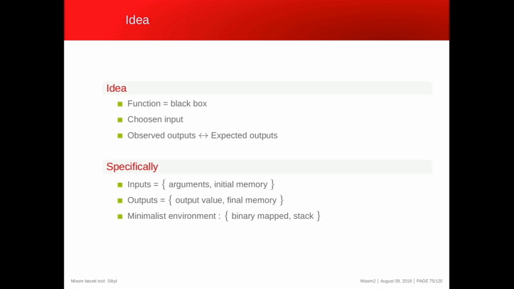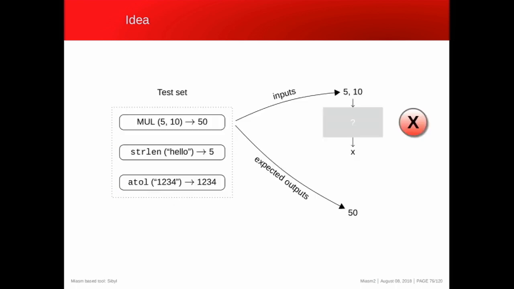We'll choose the input, that is to say the arguments and the initial state of the memory, run the function in a minimalist environment, that is to say just the stack and the binary mapped, and if it reaches the end, we'll check the output value and the final memory. If it matches the expected one, we can say, okay, it's maybe the function that we are considering.